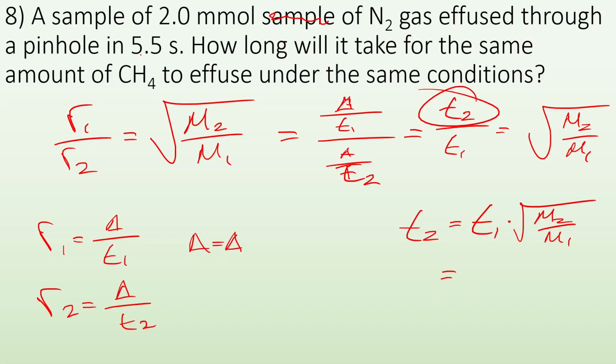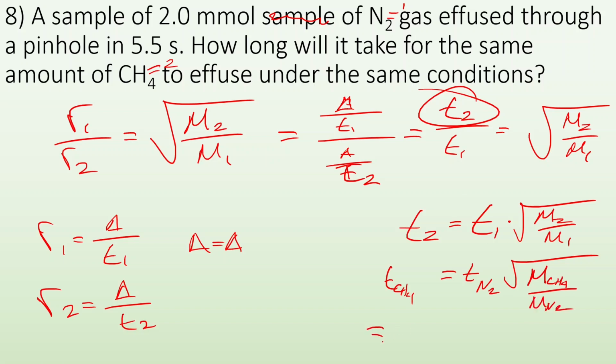I'm going to say 1 is my N2 and my CH4 is my 2. So that the time it takes for CH4 is equal to the time it takes for N2 times the square root of N2 molar mass divided by CH4. Oh wait, I did that wrong. Sorry. All right, if CH4 is 2, it's the molar mass of CH4 divided by the molar mass of N2.